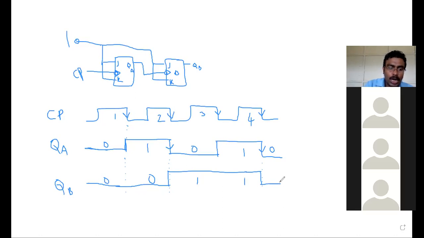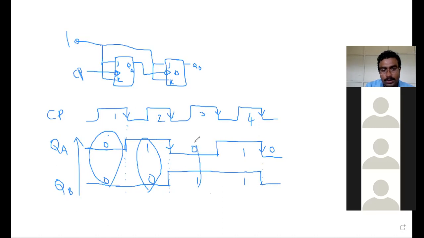QB is generated. Now look in this direction, from QB to QA. What is this state, students? 0, 0. Then what is this? 0, 1. What is this? 1, 0.